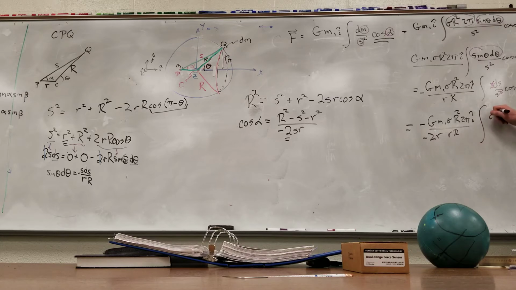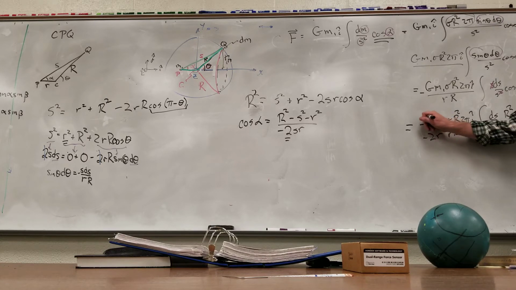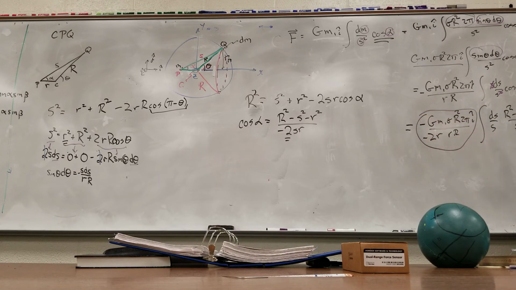And I'm left with ds over s times what I'm left over, which is big R squared minus s squared minus little r squared over s, because I pulled out the negative 2r. Now, this is just a constant sitting out here. Writing it over and over again is just going to lead to mistakes. And so I'm going to concentrate on this.